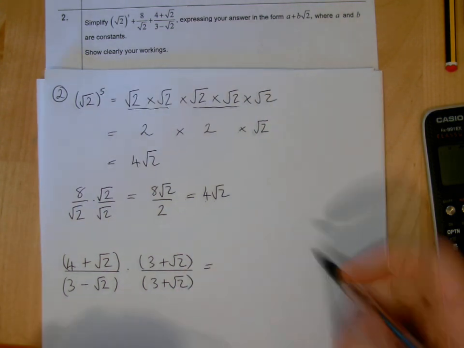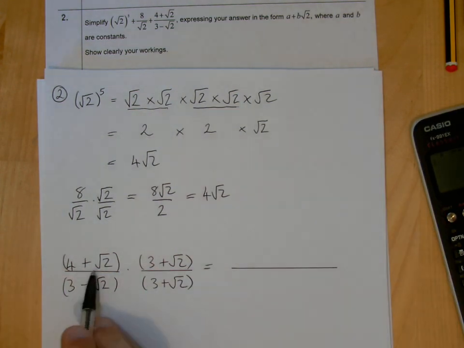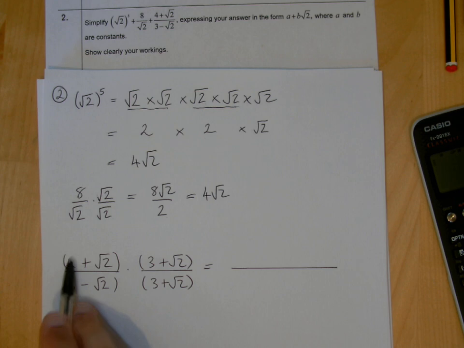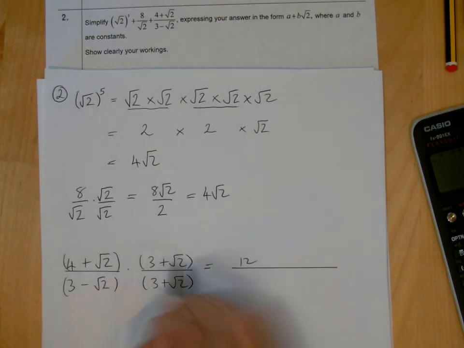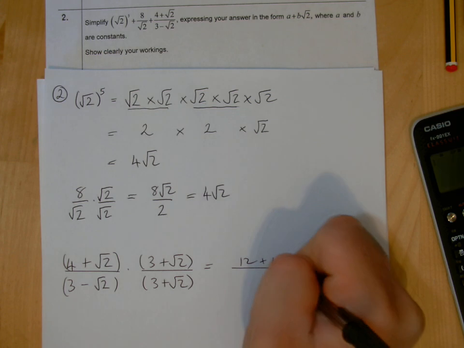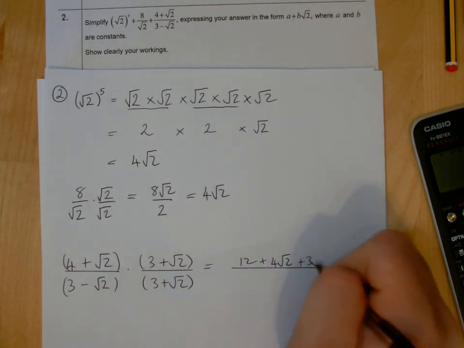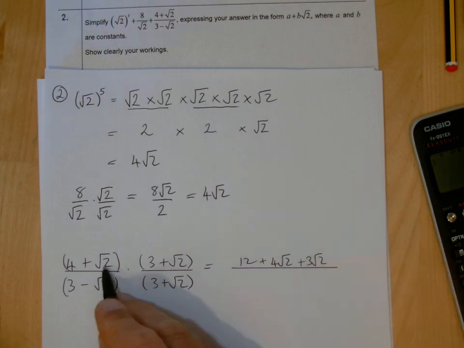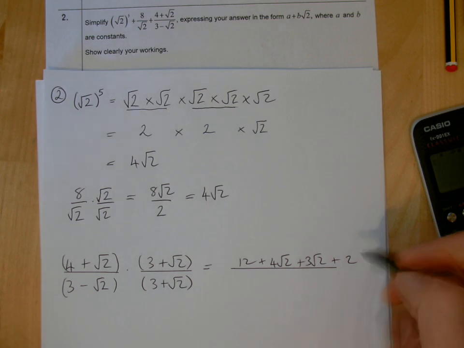If I expand the top, of course we're going to use FOIL. First, 4 times 3 is 12. Outers, 4 times root 2 is 4 root 2. Inners, root 2 times 3 is 3 root 2. And last, root 2 times root 2, which is 2.